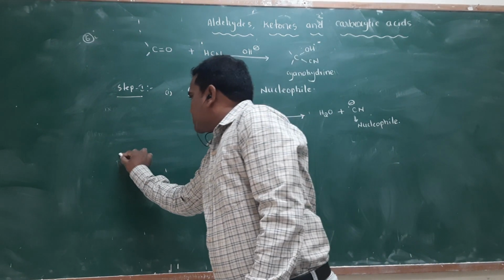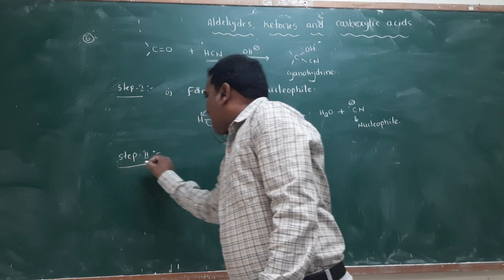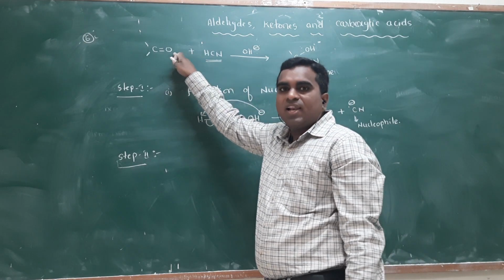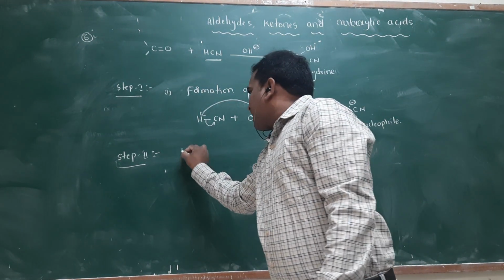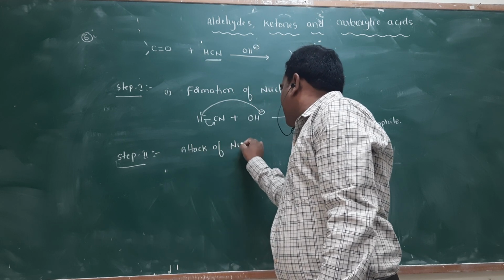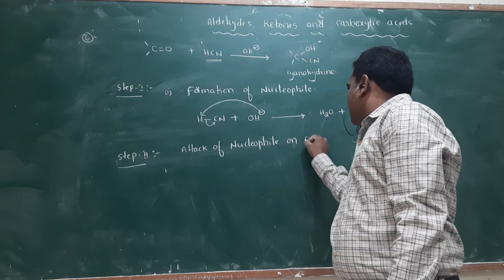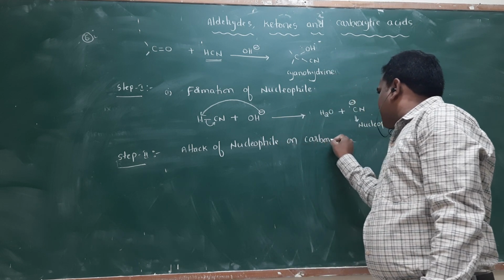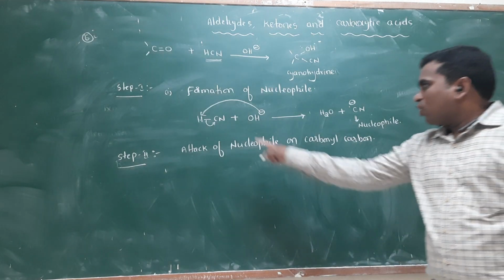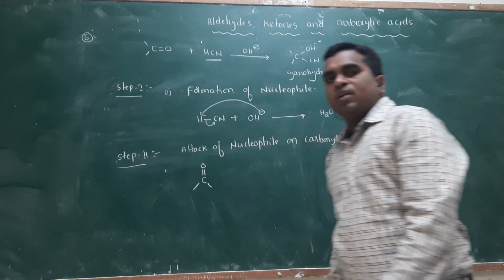And the next one is step 2. After generation, the nucleophile will attack the carbonyl carbon. Attack of nucleophile on carbonyl carbon. You already know this is the C=O.